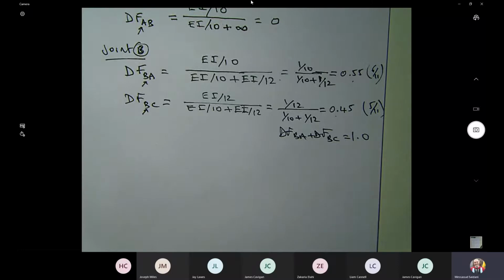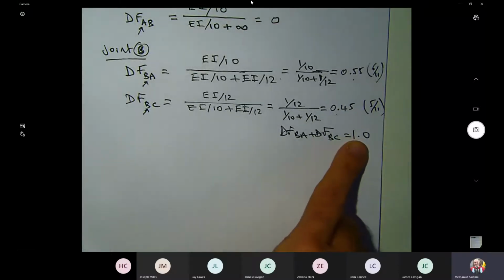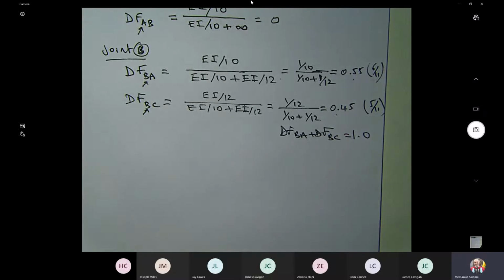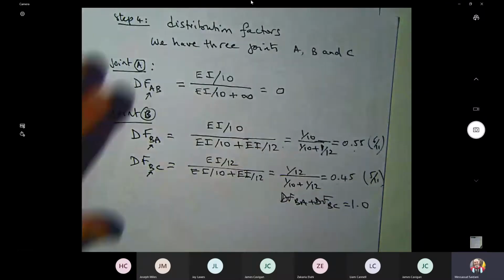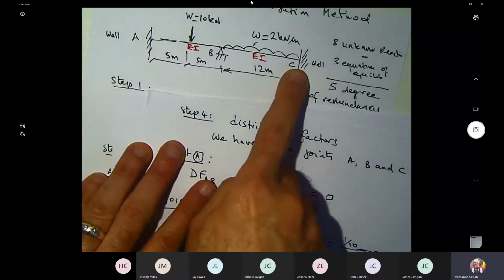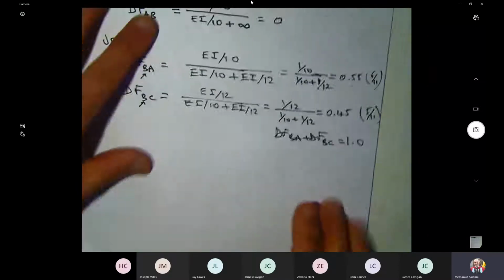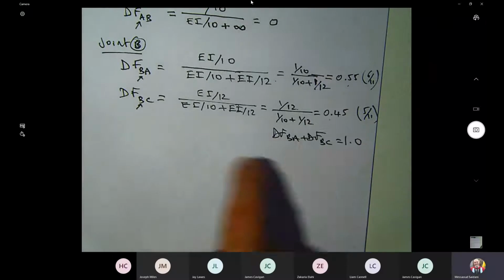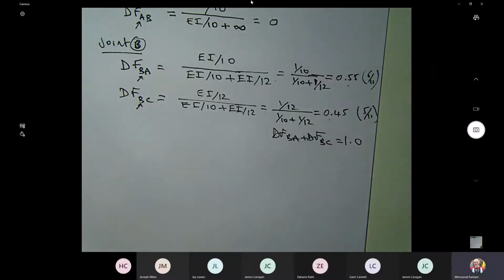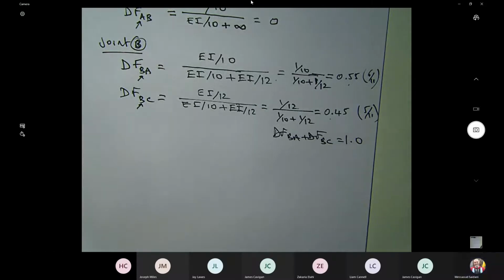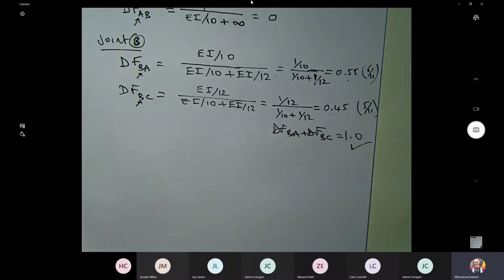So not getting 1 will tell you that you're wrong, at least, and then you can check your answers. But having a 1 here doesn't mean that you're correct. I'm going to illustrate it in an example later when we have different ends, for example, a roller or a simple support, and that can show you that getting 1 doesn't always mean that you are correct. Okay. Anyway, so at least here we can say fine.